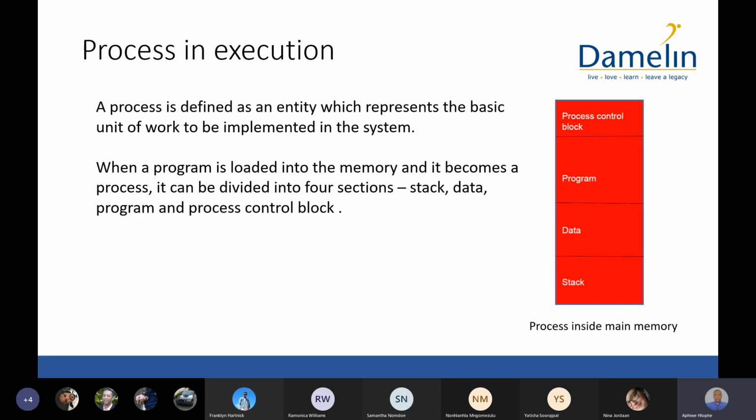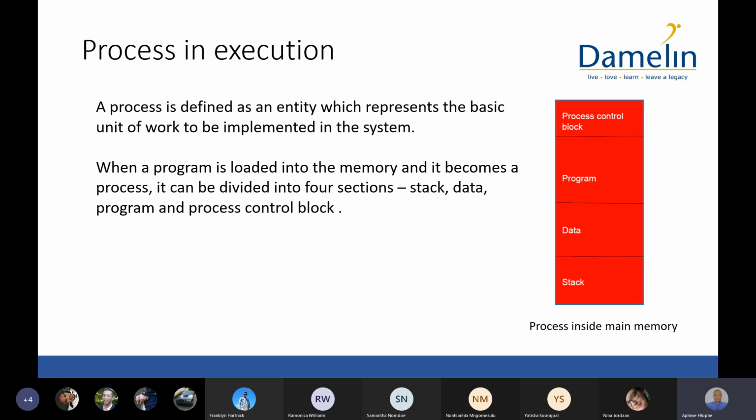And we know how this happens, obviously, through the instruction cycle, which we said was the fetching and stuff like that, the whole instruction cycle. That's how it gets executed by the CPU. So a process is defined as an entity which represents the basic unit of work to be implemented in the system.